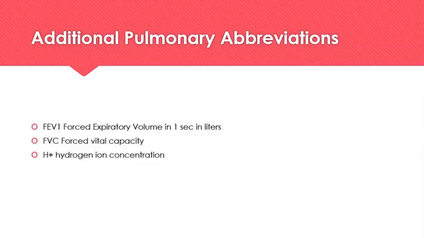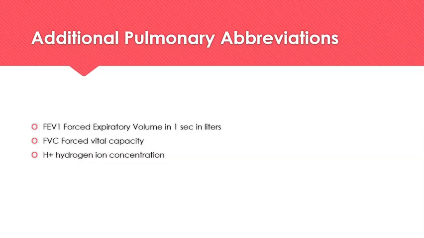There are additional pulmonary abbreviations and definitions as well. FEV or FEV1 is forced expiratory volume in 1 second, in liters. It can also be measured at 2 or 3 seconds.